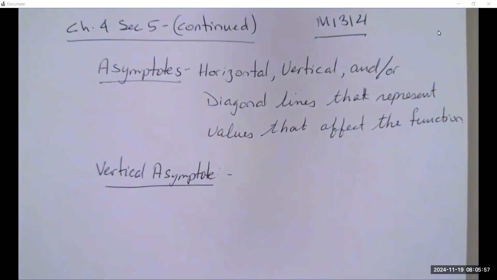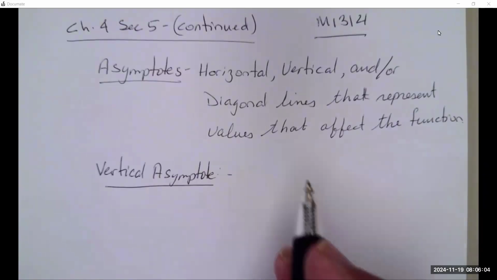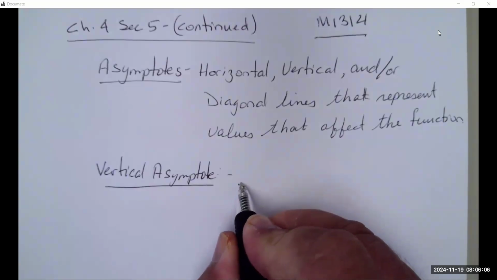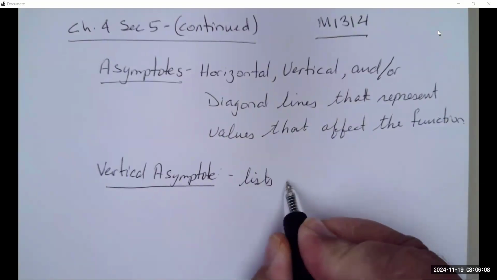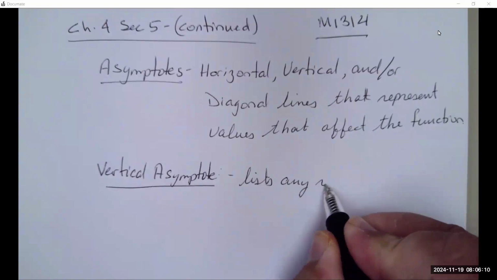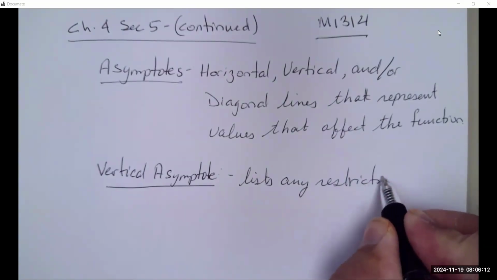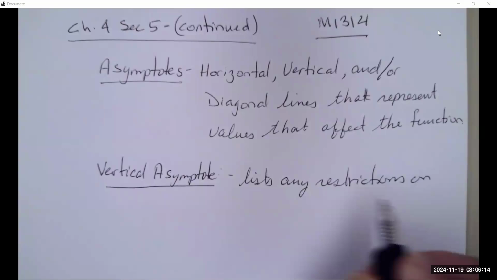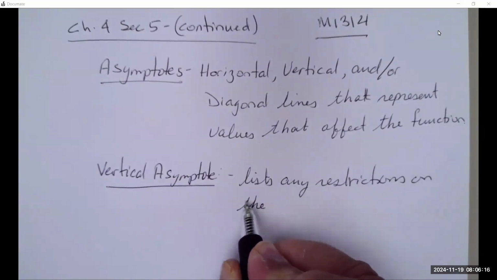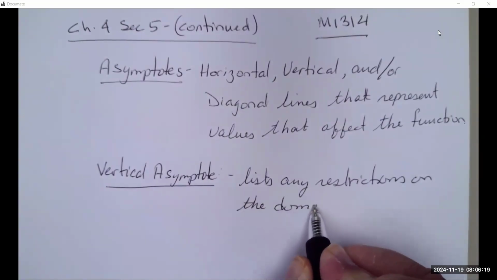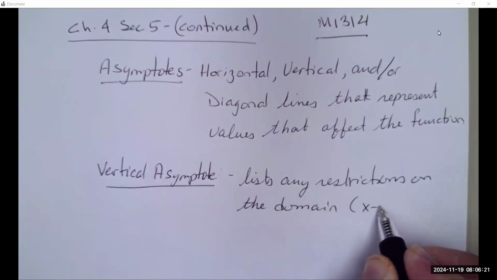What does the vertical asymptote tell us? What x values are out. It lists any restrictions on the domain, or the x values.